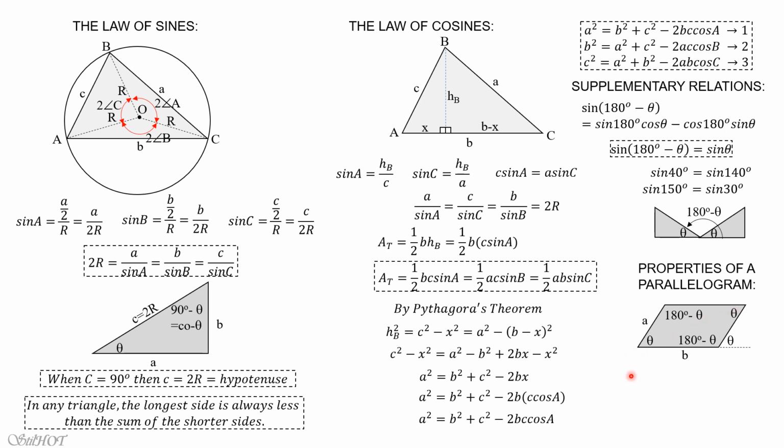The longer diagonal should be greater than the square root of a squared plus b squared. And the short diagonal is less than the square root of a squared plus b squared. So that's it about the properties of a parallelogram.